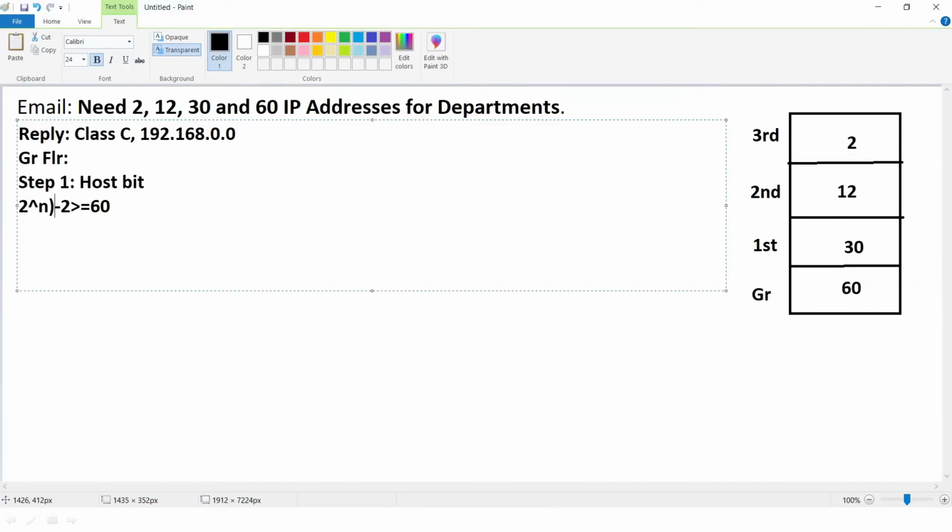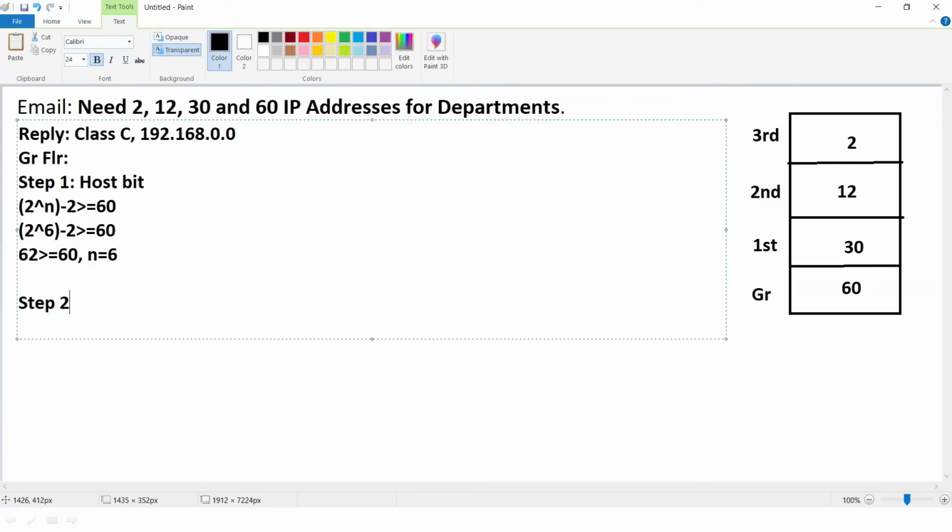Now start putting values of n to satisfy the equation. 2 power 6 minus 2 is greater than or equal to 60. So 2 power 6 becomes 64, and 64 minus 2 becomes 62. According to this, the number of host bits will be 6.